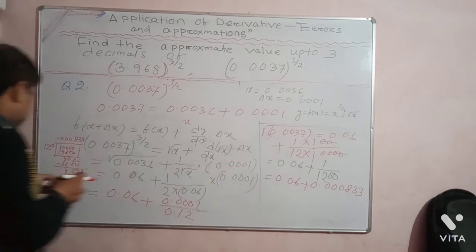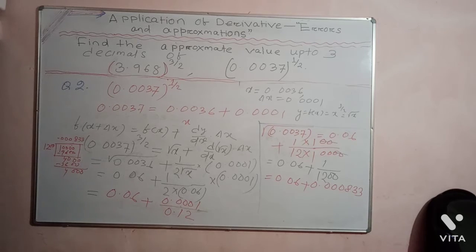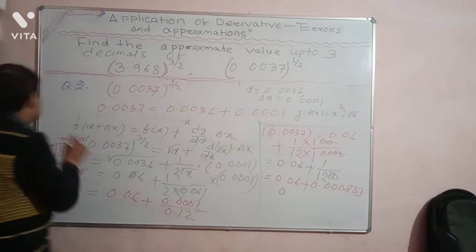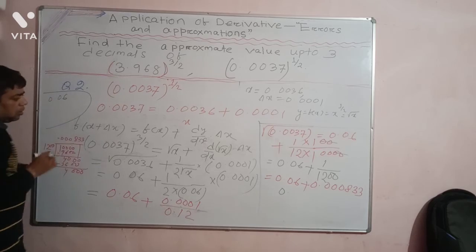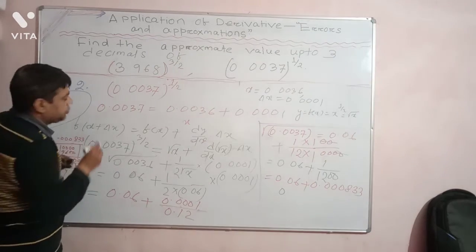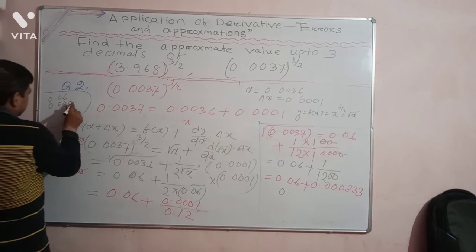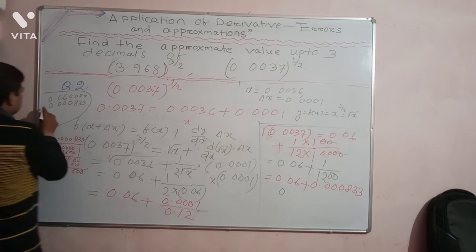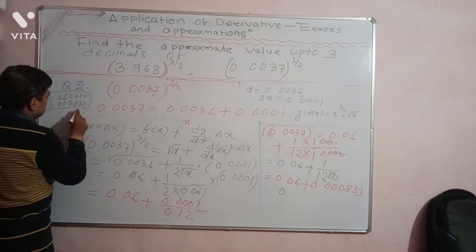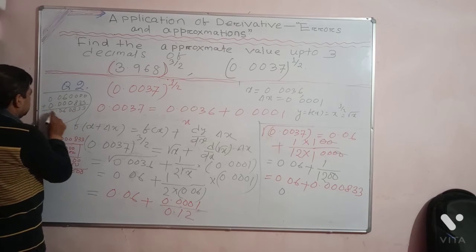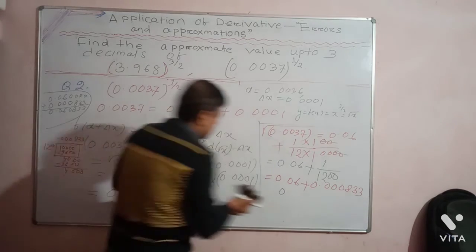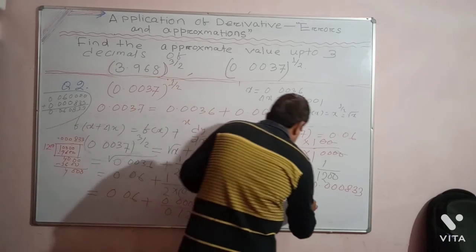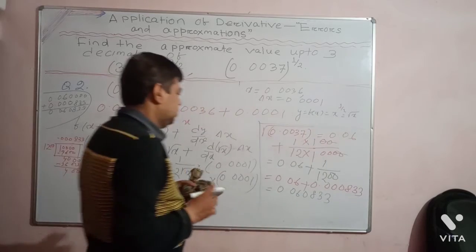So that value is equal to 0.06 plus 0.000833. Now you see 0.06, we have to add 0.000833, for that 1 2 3 4 5 6 places. Finally we get 0.060833.